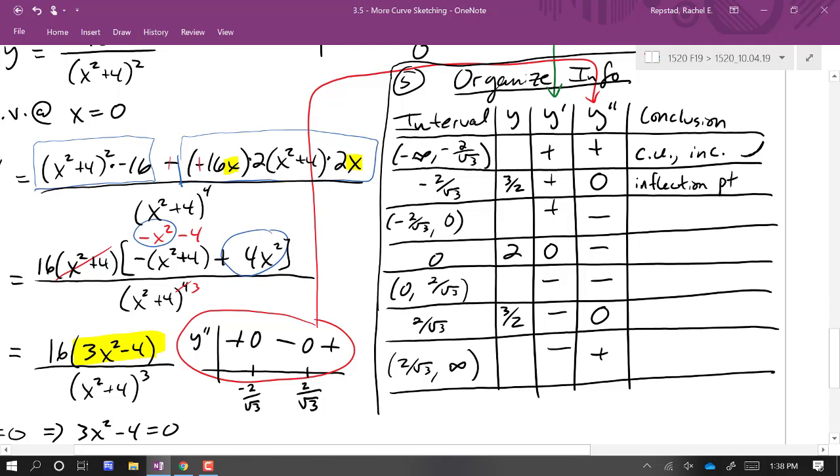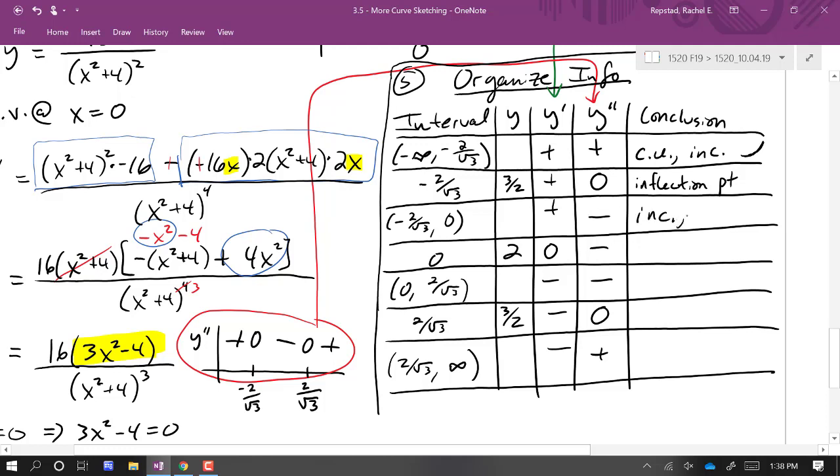Next row. That's your maximum? Why? What row are you on? Concave down, and increasing.